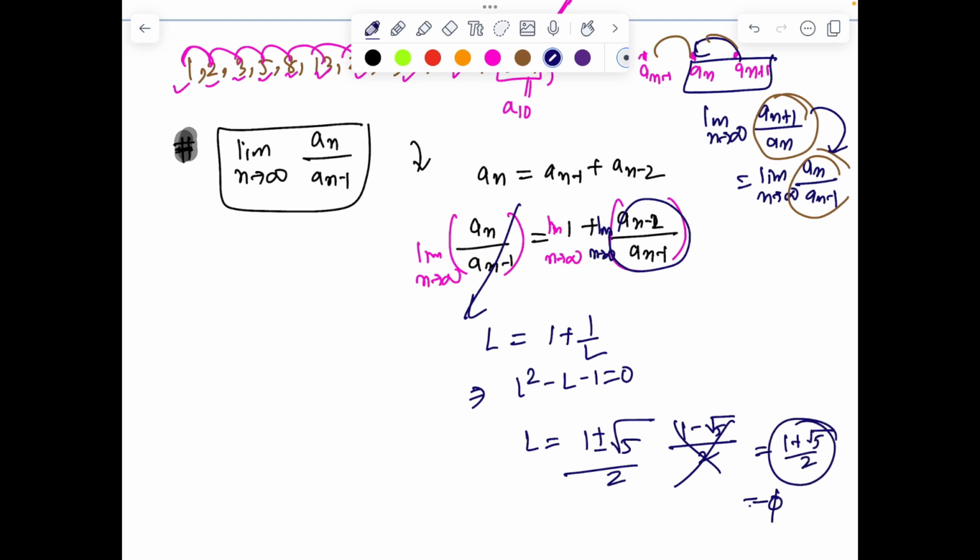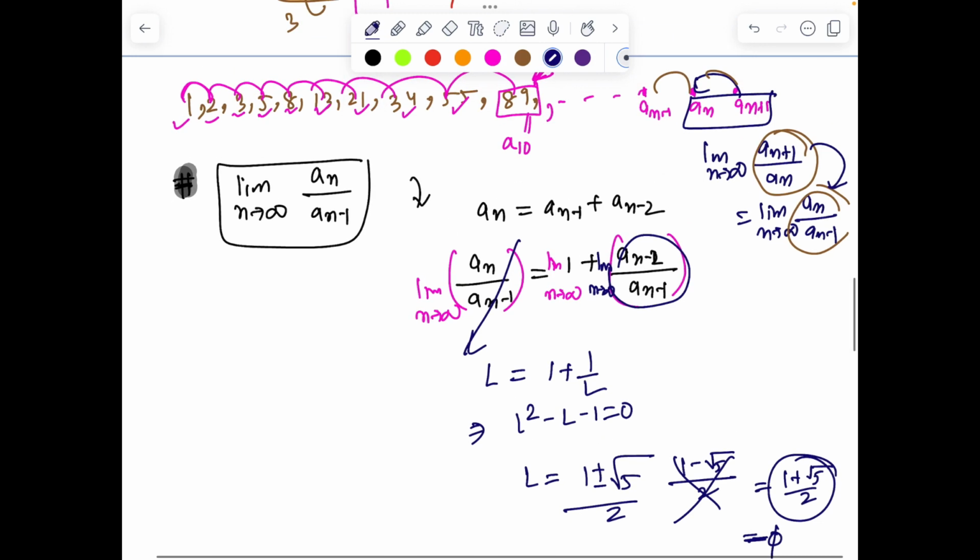That's called the golden ratio. The limit of the ratio of the number of ways to go up n stairs divided by the number of ways to go up n minus 1 stairs, when n is really large, is very golden. So this has a special name called the golden ratio.